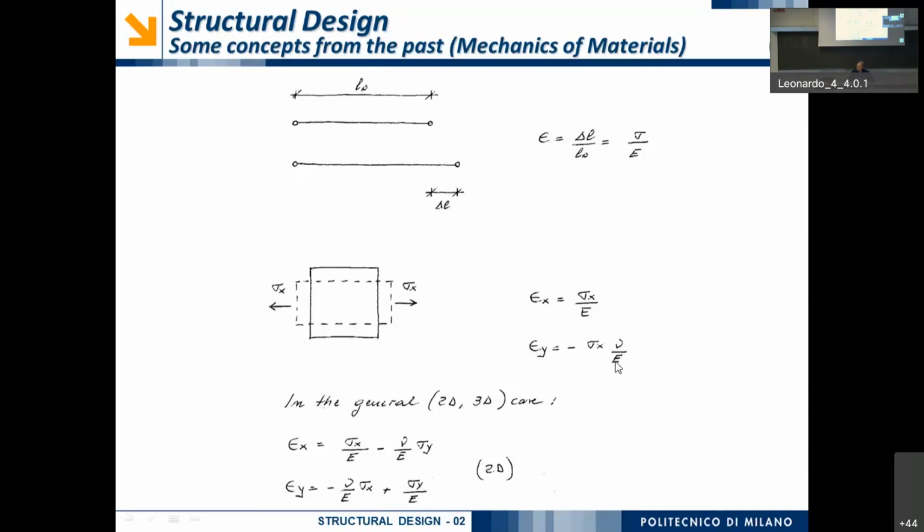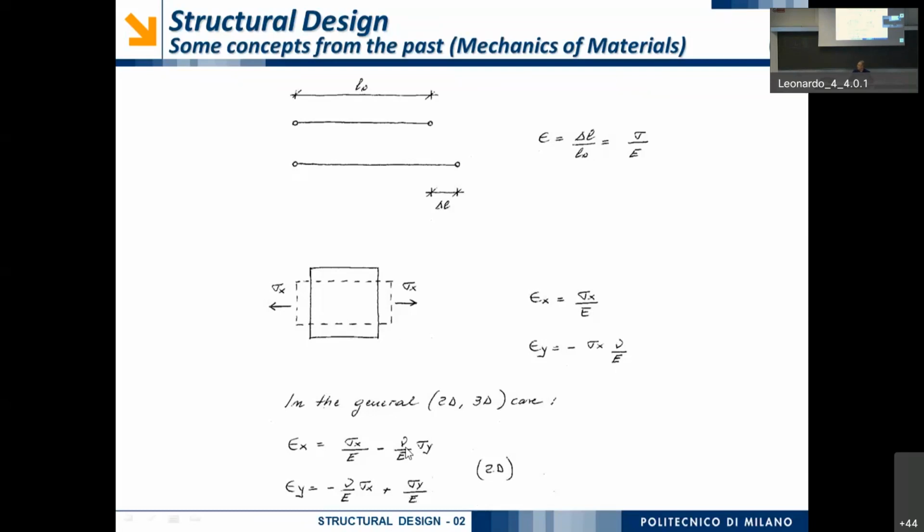On the denominator, I still have the Young's modulus, but the shortening in the orthogonal direction is lower than the direct elongation. So this coefficient nu is lower than 1 generally, okay?